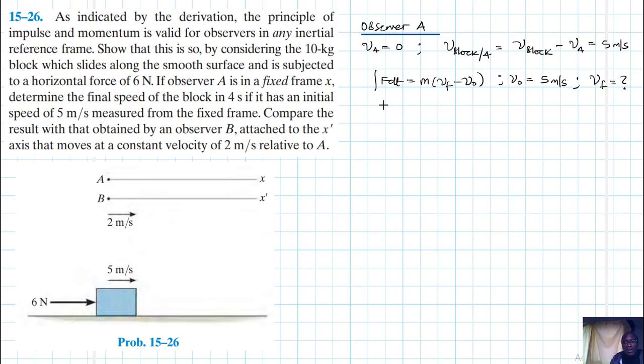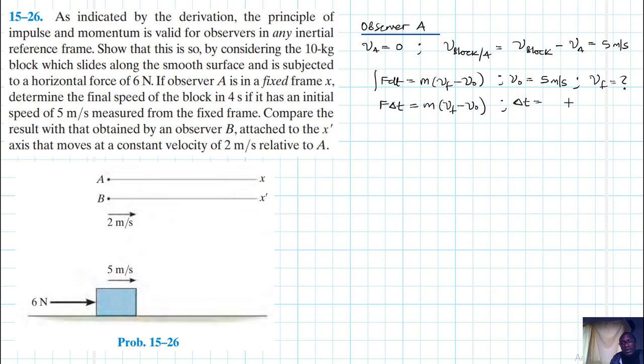So we can write this as F delta t is equal to m (v final minus v initial).